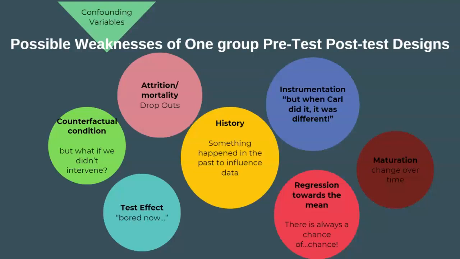History can be a problem, particularly if you're looking at one-shot case studies, because it's impossible for you to know the history of all of your participants before you start. So there could be something that influences your participants' responses that is not necessarily important to your research, but it changes their responses.